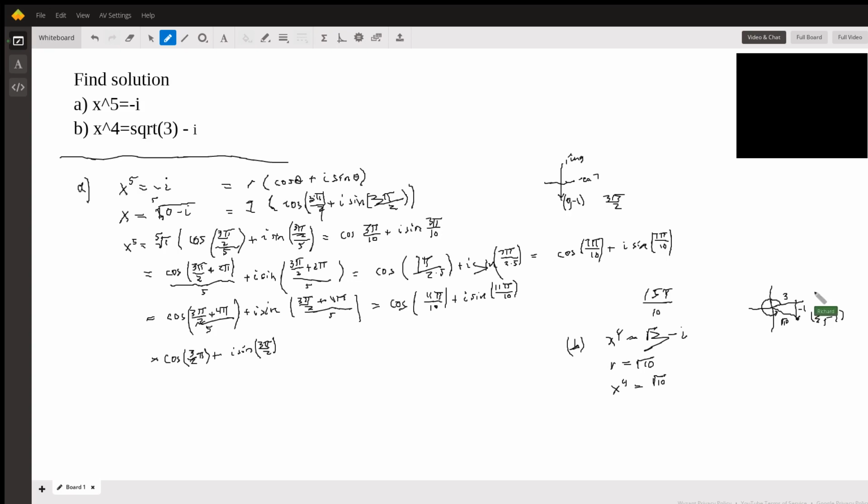Well, the reference angle here comes out to be 0.32175. I wonder if that's some multiple of pi. It's just awkward. So the angle we're working with is 2 pi minus 0.32175.